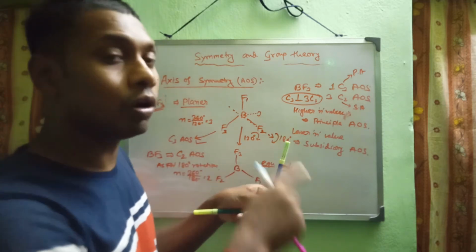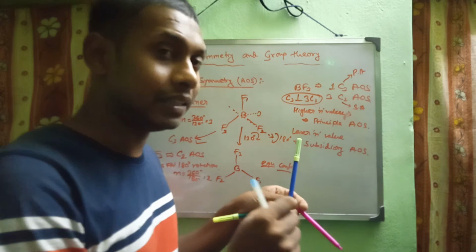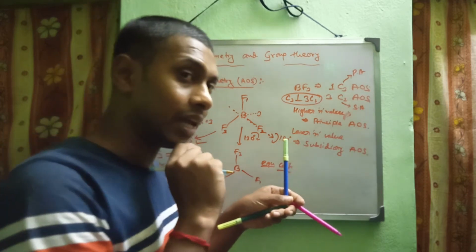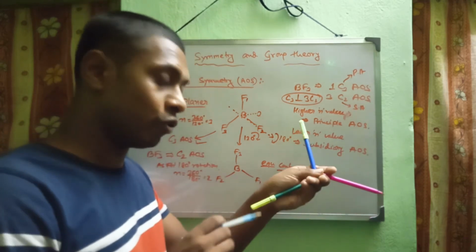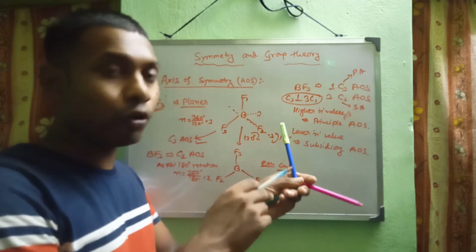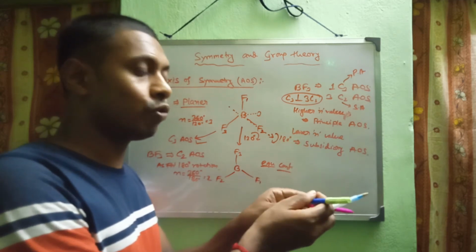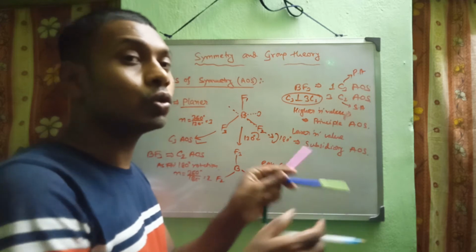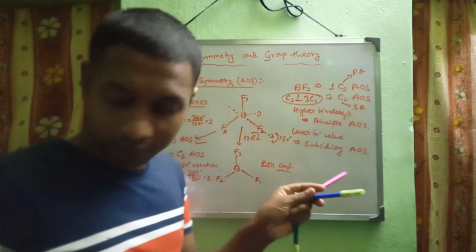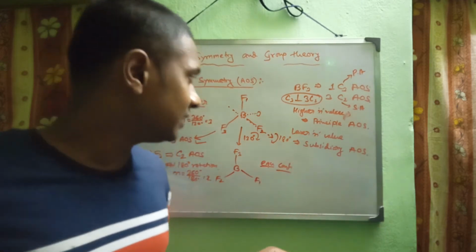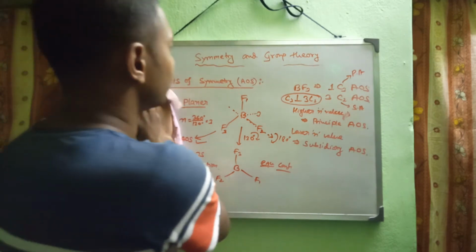So here the value of n is 3 and it has a C3 axis of symmetry. If we rotate about this B-F bond axis, then only 2 fluorine atoms change their position. So it has a C2 axis of symmetry. Clear? This is all about the axis of symmetry.